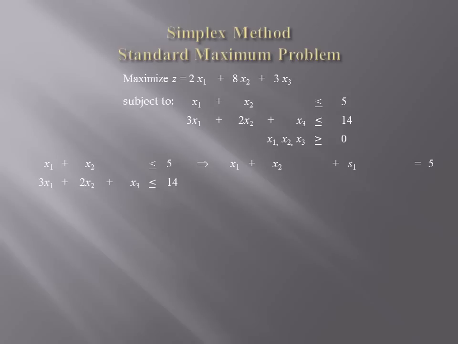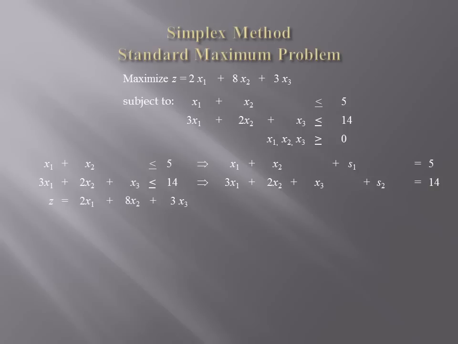The next inequality, 3x1 plus 2x2 plus x3 is less than or equal to 14, will also become an equation by adding a second slack variable that we will call s2. So we've converted the second inequality into an equation. Next, we write the z equation down and then transform that.